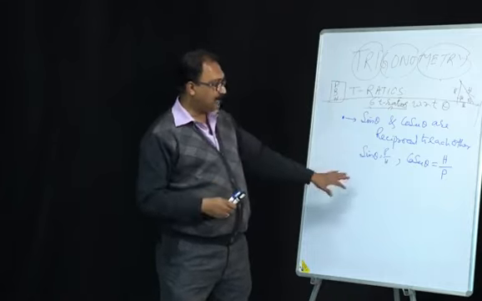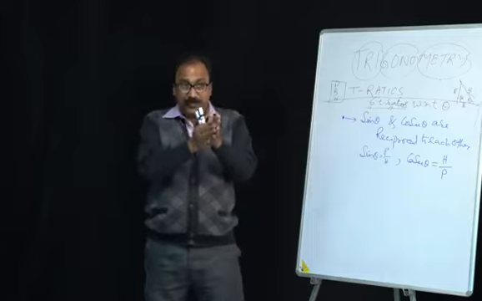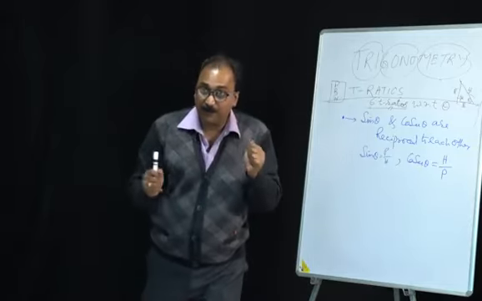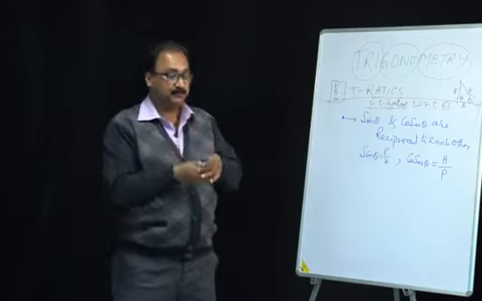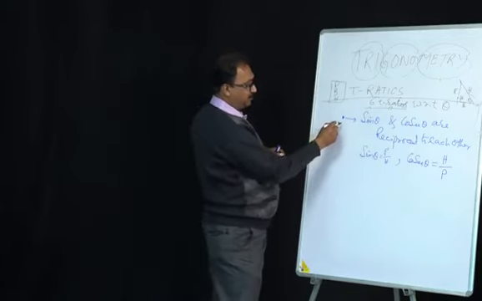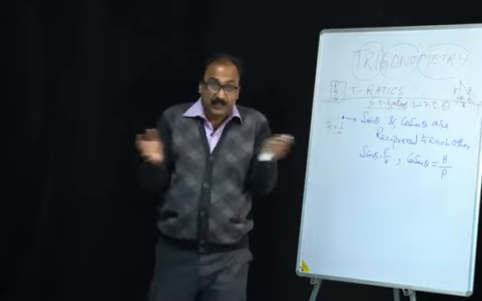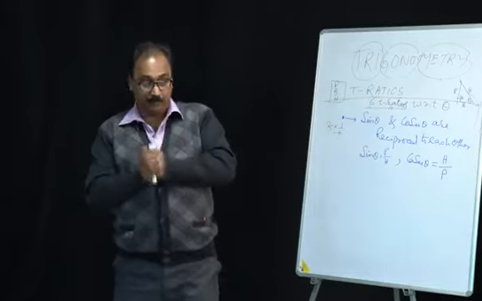Clear? In another way also you can remember this. Like I gave the example, 3 reciprocal 1 by 3. If I multiply 3 and 1 by 3, what will happen? It becomes 1. So all the reciprocals, those which are reciprocal to each other, if I multiply them, we will get 1.